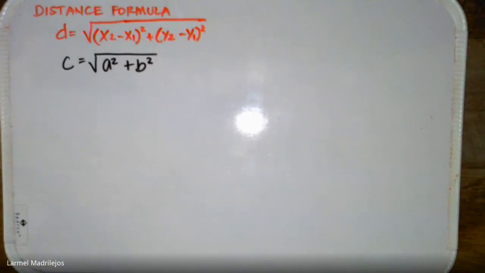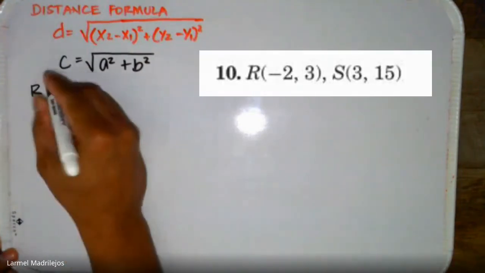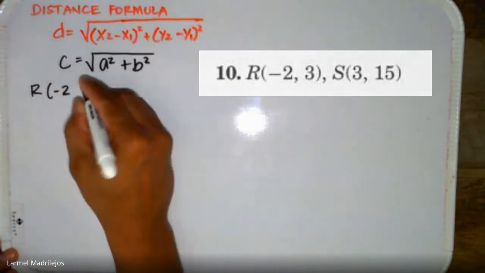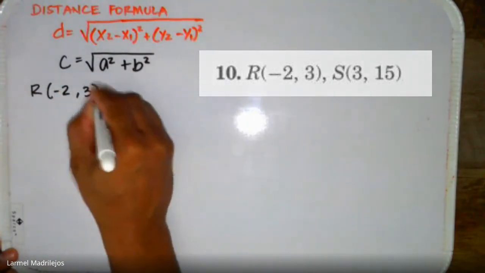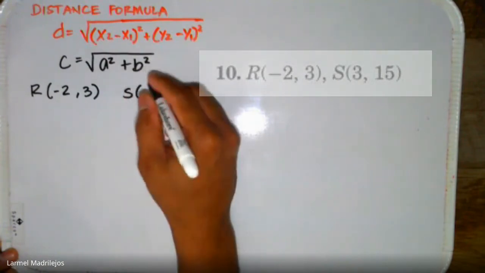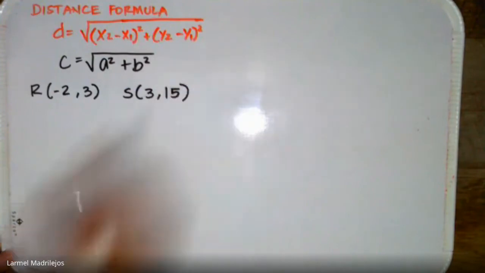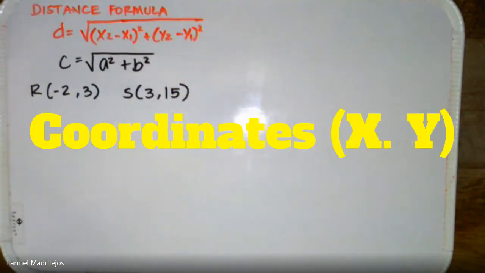Example, the first example here is from the worksheet. We have R equals (-2, 3) and S equals (3, 15). So we call these coordinates. Coordinates are x and y.